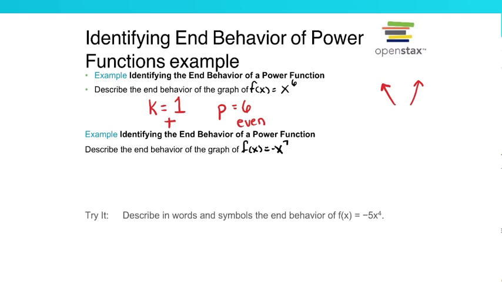Because they're even, that means they point in the same direction. So what does that mean for the end behaviors? Well, as x approaches infinity, f of x approaches infinity. And as x approaches negative infinity, what is happening with the f of x?